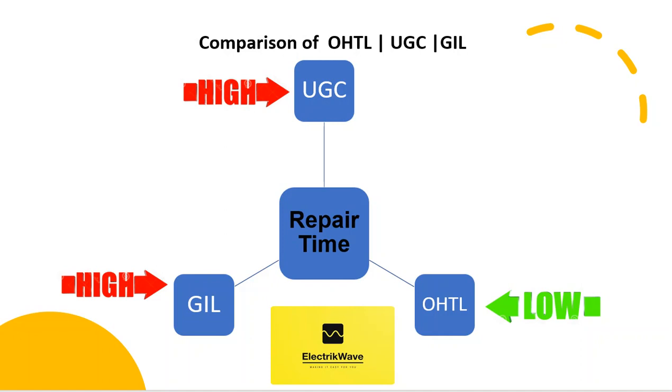Repair time is high for GIL and underground cables, however it is highly dependent on the availability of spare parts, and thus on maintenance policy, while overhead transmission lines require less repair time.